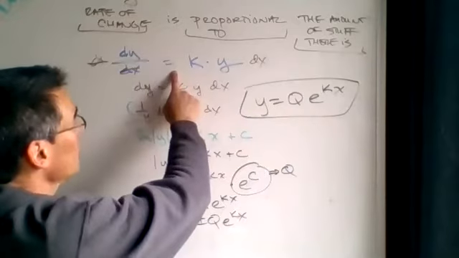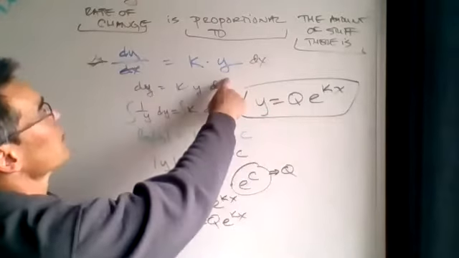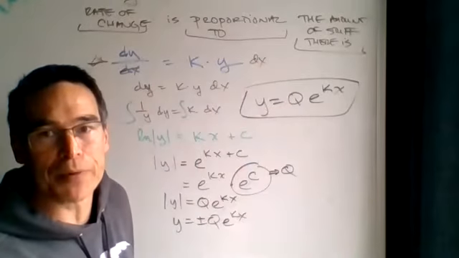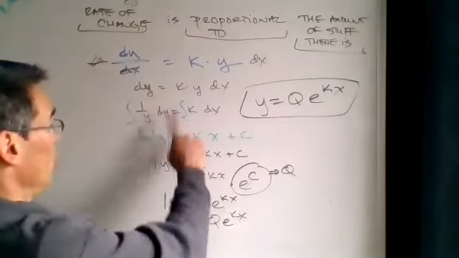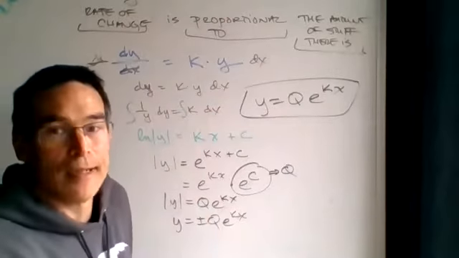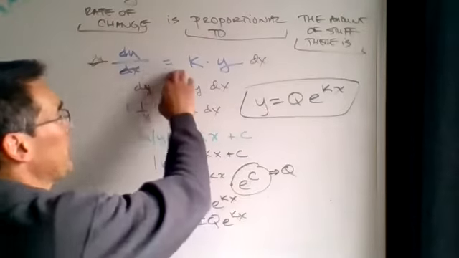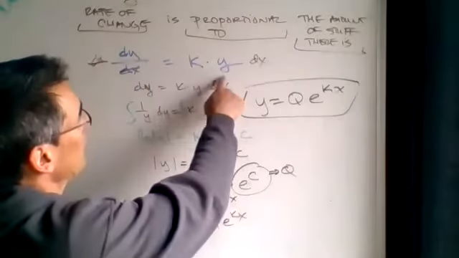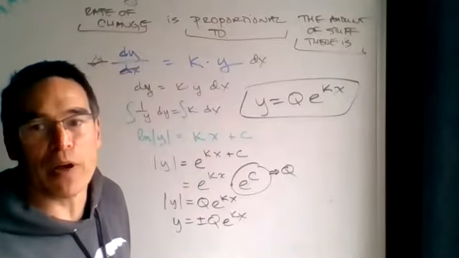If you know this, you can go straight from here to here and say, oh, this means that my solution is going to be an exponential model. And that's okay. If you want to go through all this, that's fine. But you can just go from here to here right away and say, I know that this type of differential equation will have as its solution an exponential model.